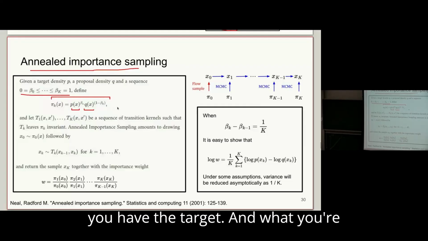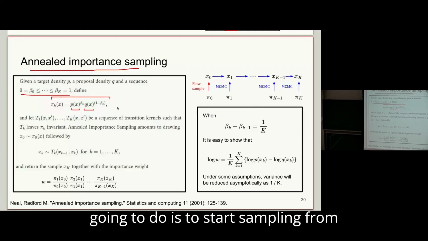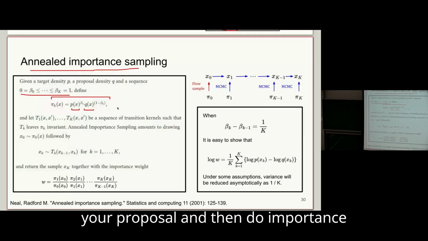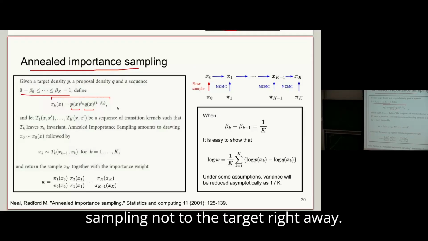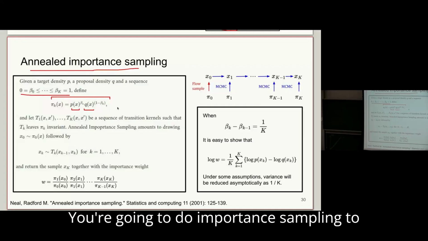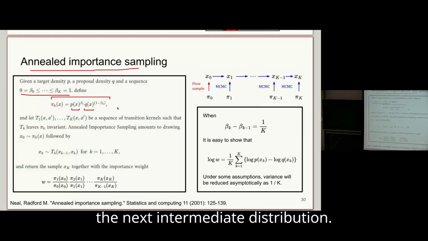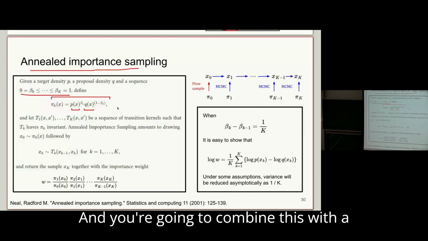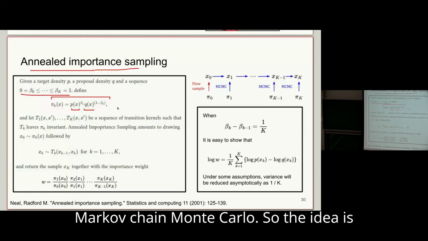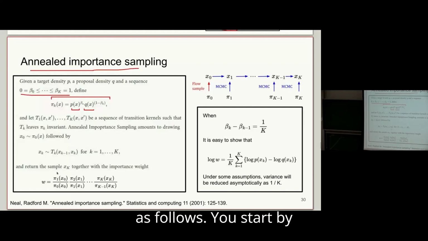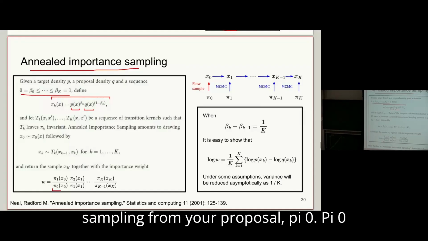Okay? And what you are going to do is to start sampling from your proposal and then do importance sampling not to the target right away. You are going to do importance sampling to the next intermediate distribution. Okay? And you are going to combine this with a Markov chain Monte Carlo. So the idea is as follows. You start by sampling from your proposal, pi 0.